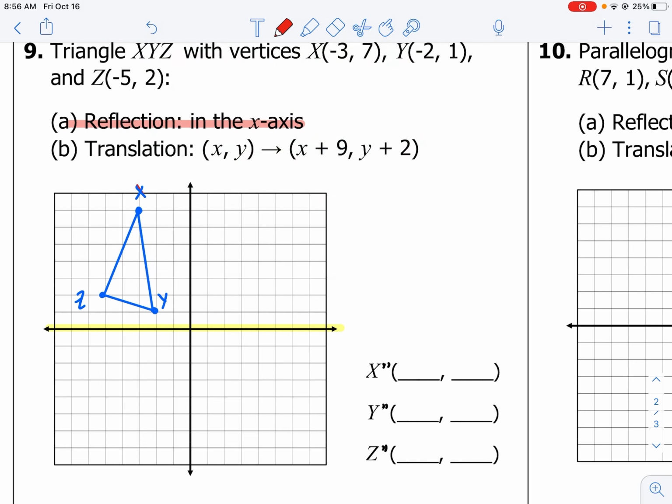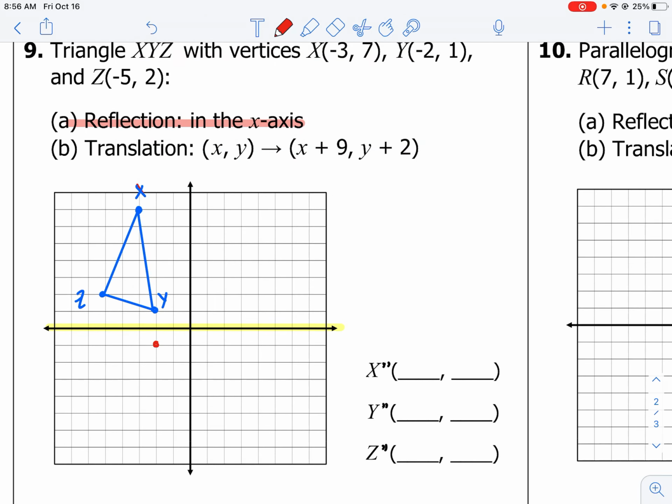Okay, so I'm going to reflect it over the x-axis. We still label it the same, so this is going to be y prime, z prime, and then x prime.